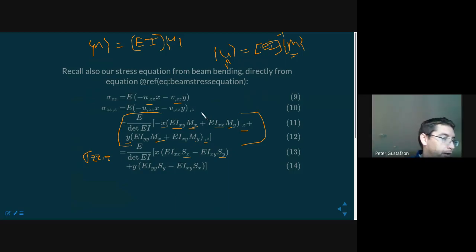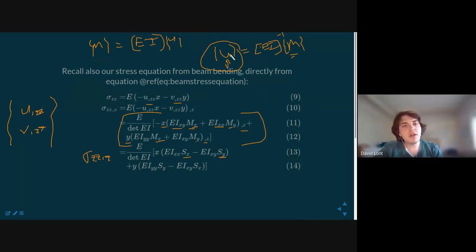So let's see here. David asks, is that U on the left-hand side of the orange equation? This here is going to be U comma ZZ, V comma ZZ. So this is the curvatures written as a 2 by 1 vector. So is the left one V and then you wrote U?